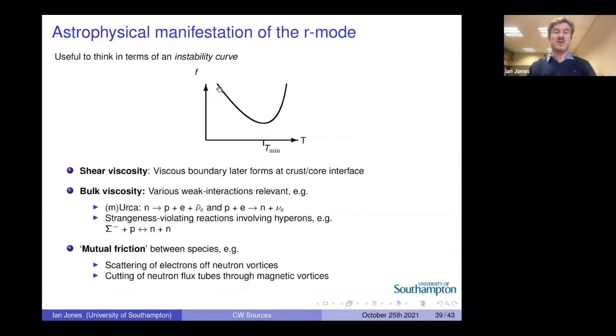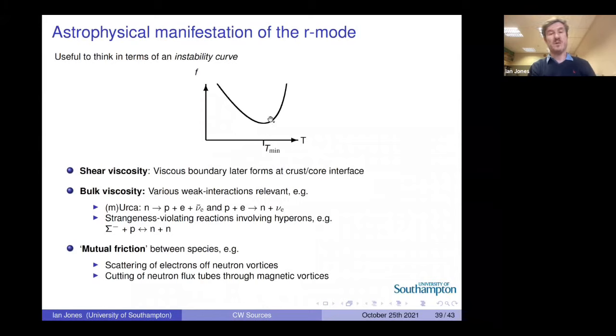And this is the so-called instability curve. The idea is that at any given temperature, if your star lies above this curve, so f is greater than some critical value, then the destabilizing effect of gravitational wave emission wins out over the stabilizing effect of all these viscous mechanisms.